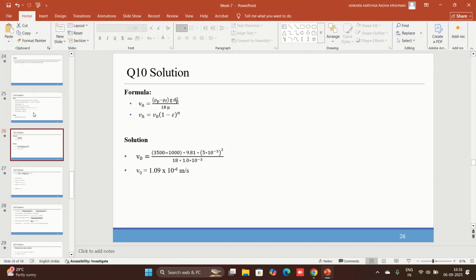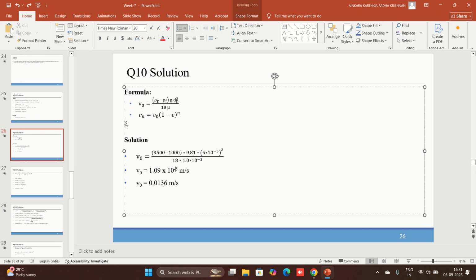Something is wrong. I'll do it again: 1500 into 9.81 into 25 divided by 18, 10 power minus 10 plus 3 minus 7.